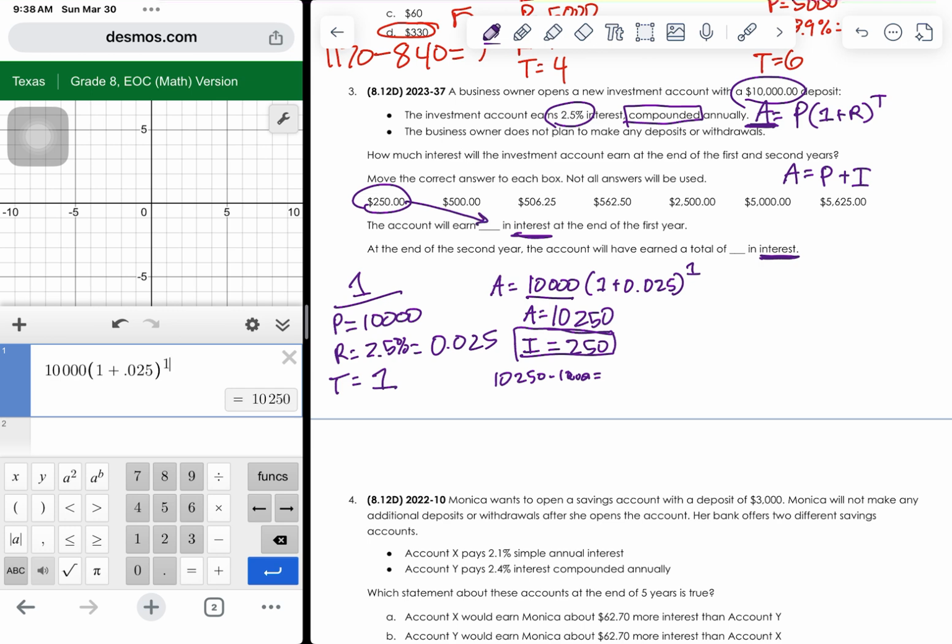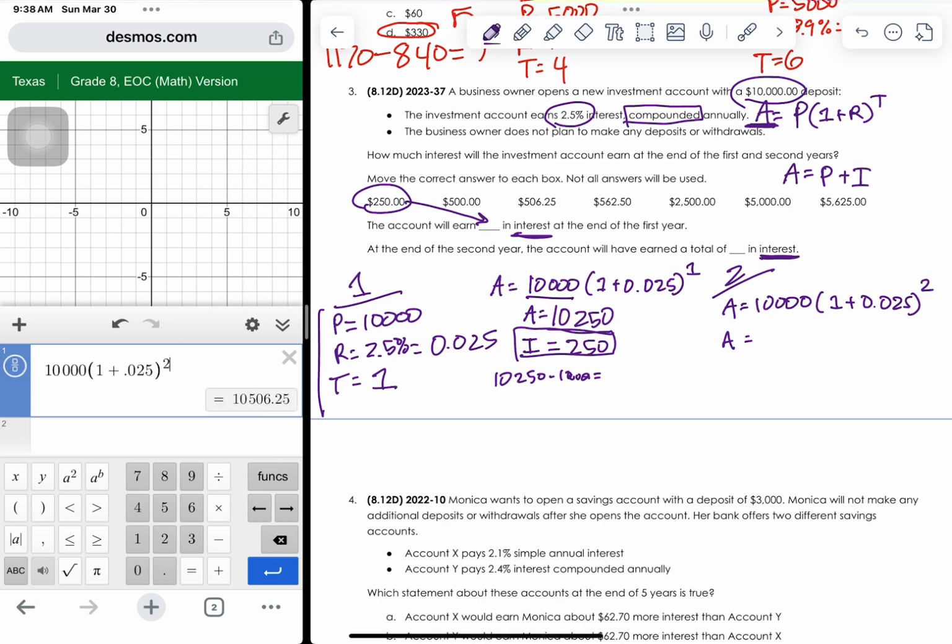Now let's look at 2 years. I'm not going to write out my PRT because the P and the R are the same, just the T is changing. 10,000 times (1 plus 0.025), now to the second power of 2, so I'm just going to change that here.